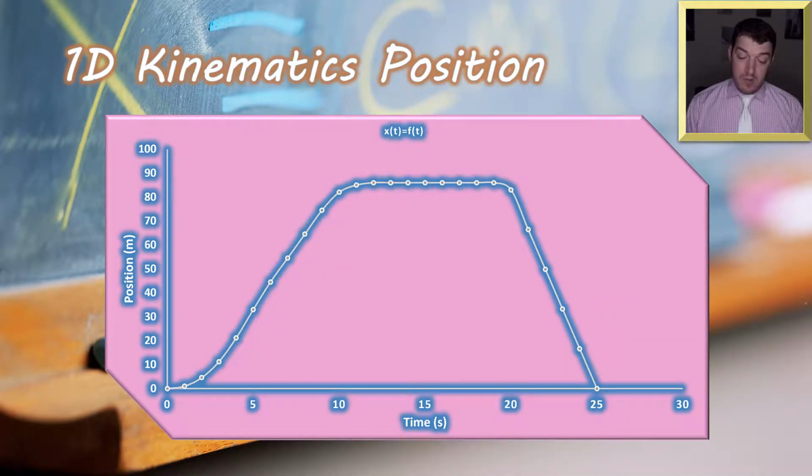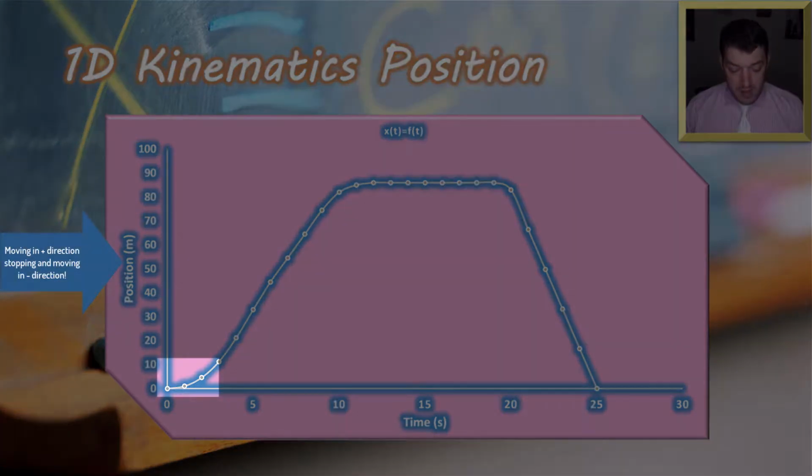In this example, the position as a function of time is described by some function of time. We're not actually given the details, we're just told there is a function with respect to time that would describe this position as time goes by. What we notice is that in the beginning we have a bit of a curve up. It looks a little bit like the graph we saw not too long ago where our slope is increasing.